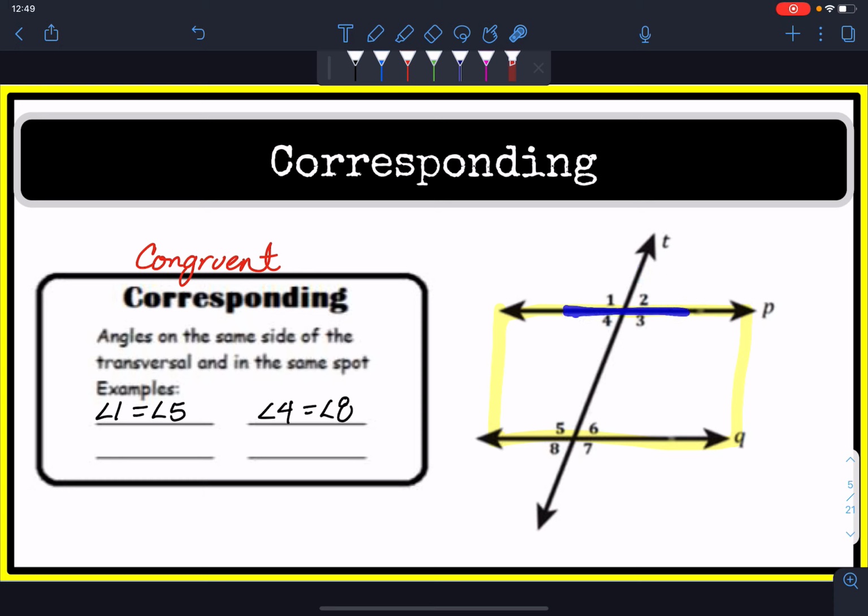Along P, it's on the top side of the line, and it's also on the right side of the transversal. So that corresponds to 6. It's on the top of the parallel line and also on the right. So angles 2 and 6 are corresponding, and then so are 3 and 7. Angle 3 and angle 7, those are corresponding angles.